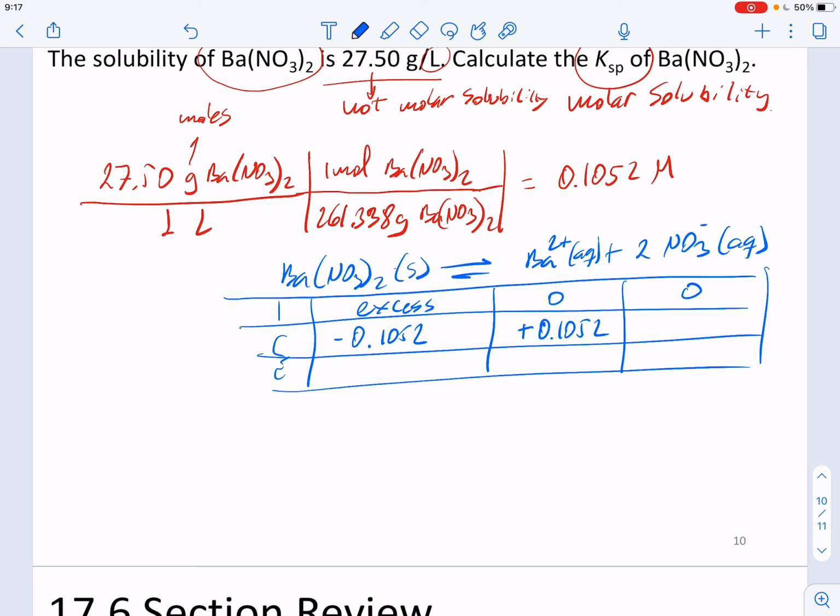But for nitrate it is twice as much, plus 2 times 0.1052. So at equilibrium, barium is 0.1052 and nitrate is 0.2104.